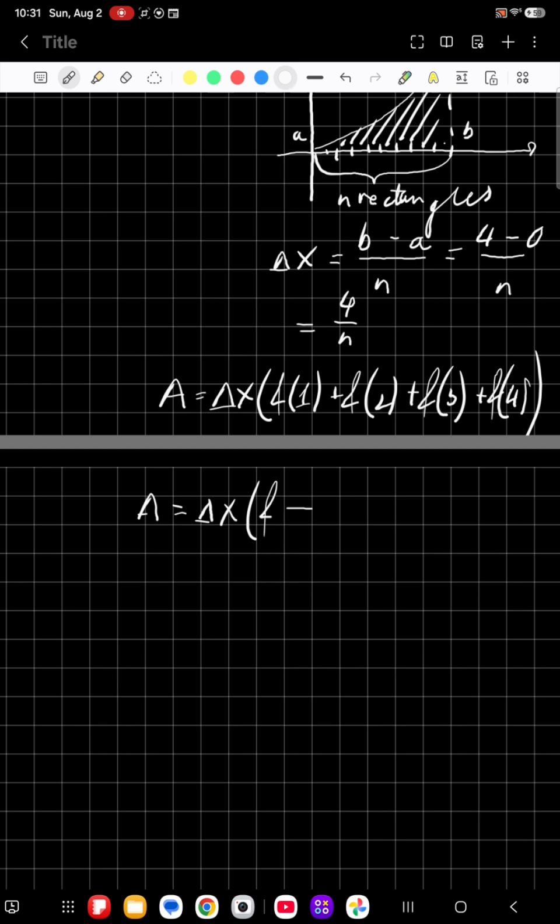So it's going to be f of 4 times 1 divided by n to get that first number, 1. Here n is 4, so 4 divided by 4 is 1, and I will have that 1 that I need.